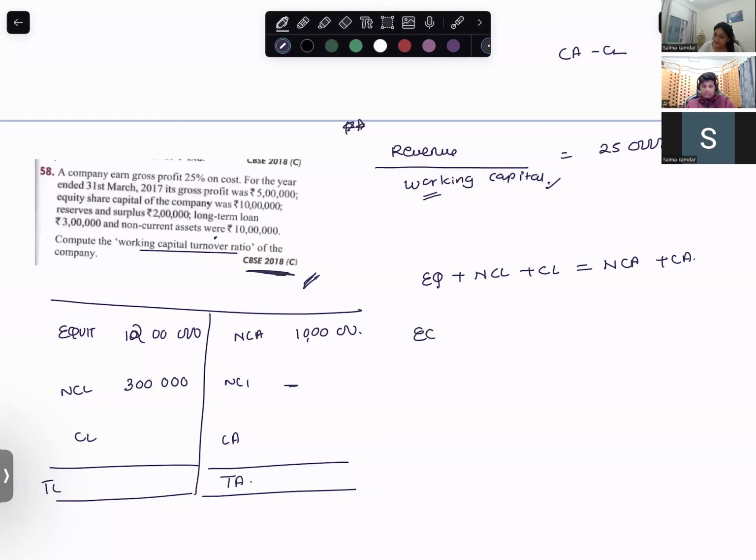I would say my equity plus non-current liability, I will take this current liability over there and this non-current assets over here. Minus non-current assets is equal to current assets minus current liability. Why did I do this? Because current assets minus current liability is working capital.